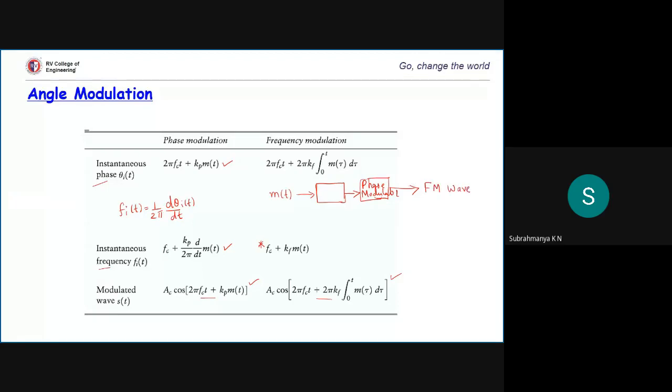Can anybody answer this question? What should be the nature of this block, given a phase modulator, to generate an FM wave? I hope I am clear with the question. I'll be giving you a phase modulator. This black box will be generating a PM signal, but I expect you to generate a frequency modulated wave by designing another block. So what kind of block will go into this?